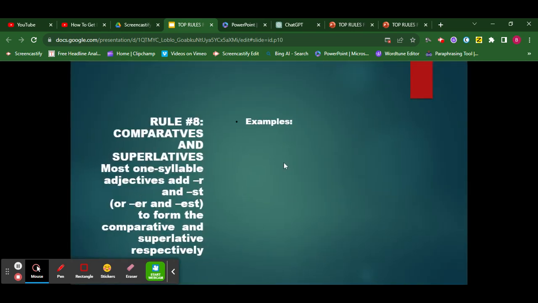Now, rule number 8, comparatives and superlatives. The rule states that most one-syllable adjectives add R or ST, or ER and EST, to form the comparative and superlative respectively. Let's look at examples.